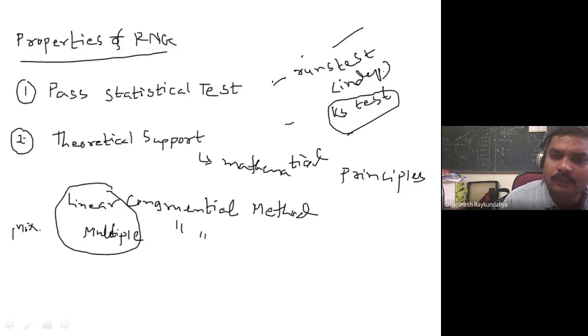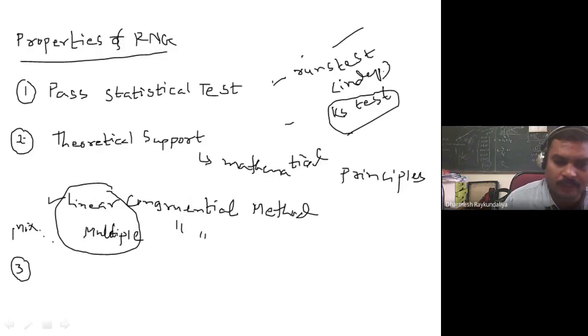Of course, there are some mathematical properties: given a value of the seed, you can use the principle of linear as well as multiplication concept, and then you can obtain the random number stream.